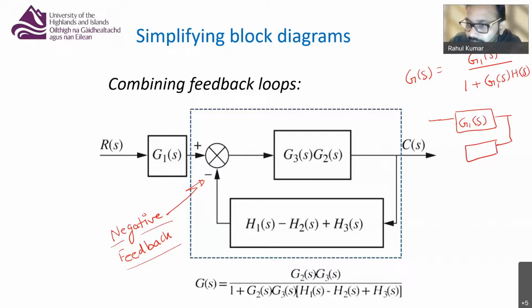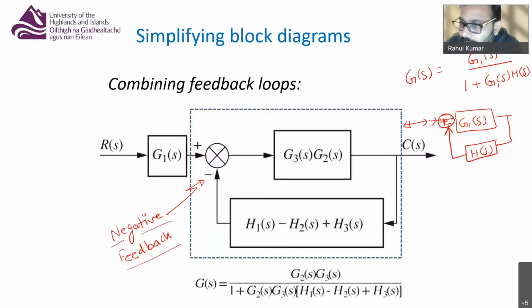In the feedback you have a gain which is H of S, and you are feeding back to a summing junction. So this blue dotted box and this closed loop system are quite similar, right? It is essentially a closed loop system.